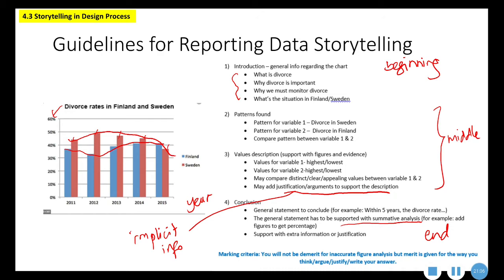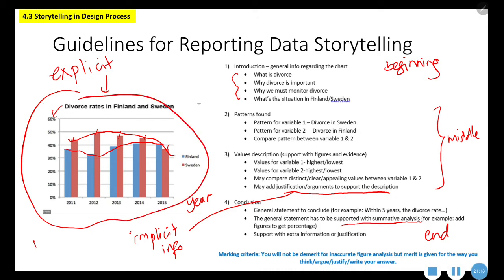So explicit is what you can see on the chart, what you can see here, what is written, whereas implicit, maklumat tersirat, means you have to do a little bit of research to get some information, to relate that with the data here.